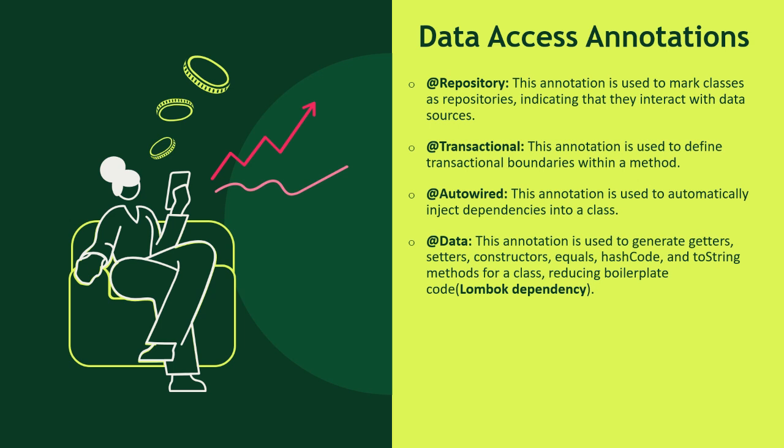Then @Data. This is specifically used in combination with an entity. Earlier, when you manually created getters and setters, constructors, the default constructor or a parameterized constructor, equals and hashCode implementations, and toString method implementation, that was a lot of boilerplate code you used to write.